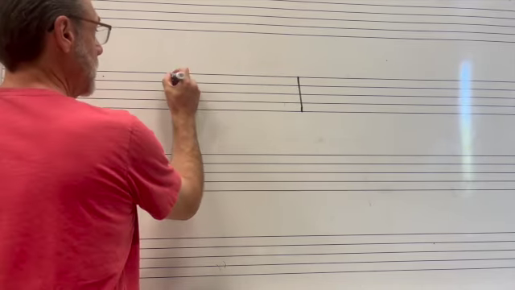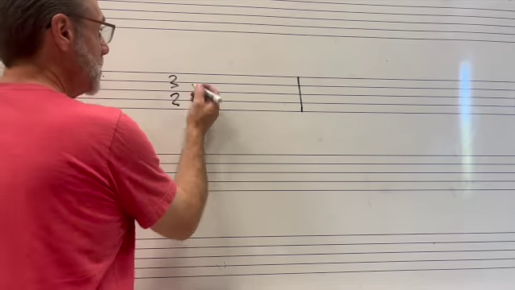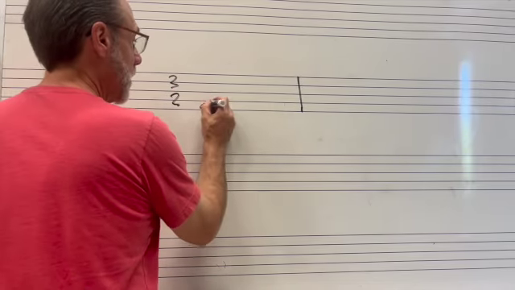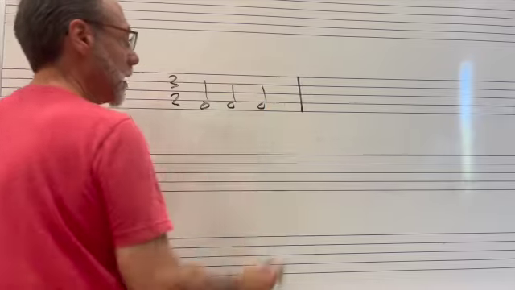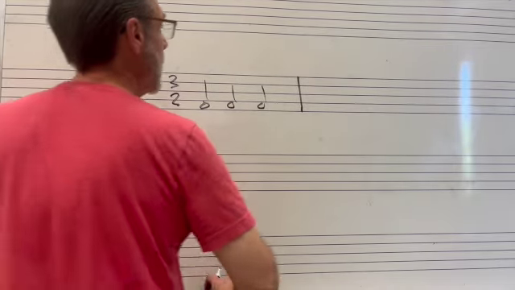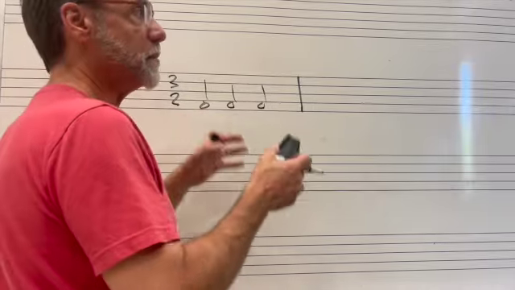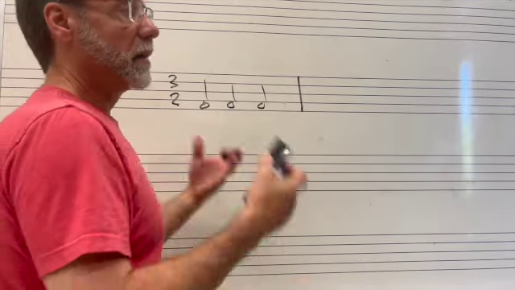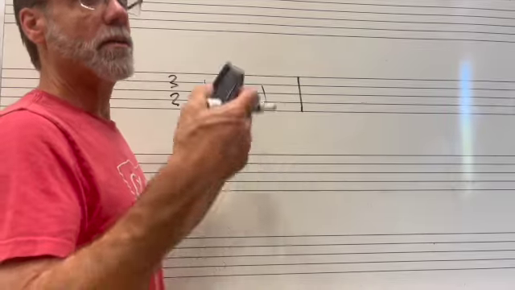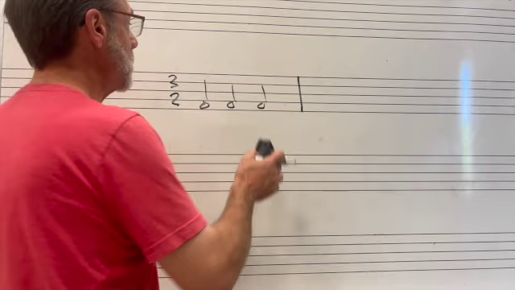There's also a possibility for simple time, that means there are 3 pulses per measure, but there are 3 half notes, right? So you see how that kind of goes, right? In simple time, by the way, the pulse note will always be just a regular note. Quarter note, eighth note, 16th note, half note, whole note. There's no dots added to it. It's just a regular note, okay?